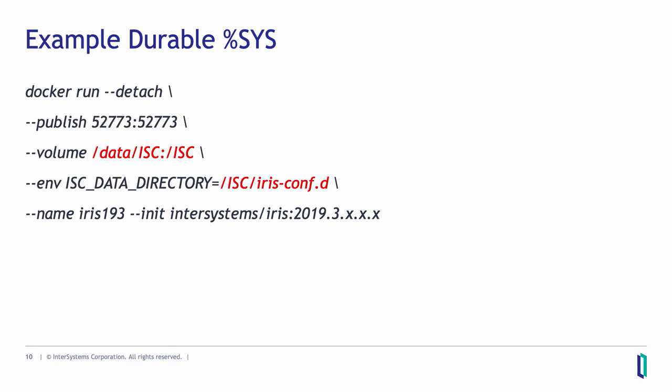This, coupled with the volume declaration, is essentially what defines durable SYS to retain the configuration and stateful information of the IRIS container. Note that the trailing container image here with the XXX is just for reference. Whatever the latest IRIS container build number is that you want to use to instantiate that container in your repository, there's no significance to the XXX other than you replace it with what's appropriate.